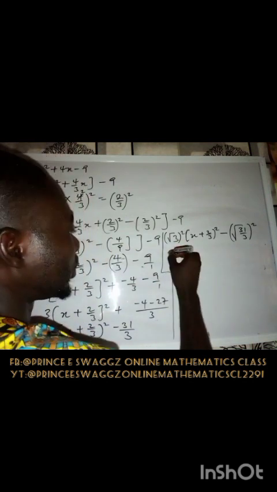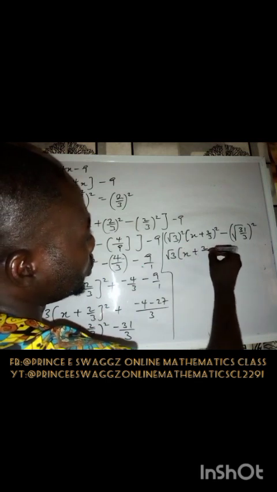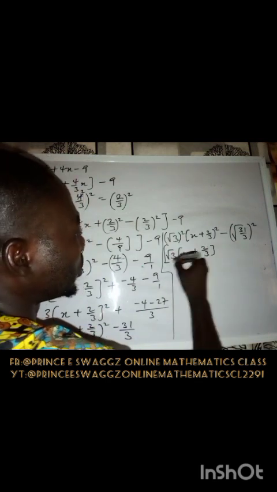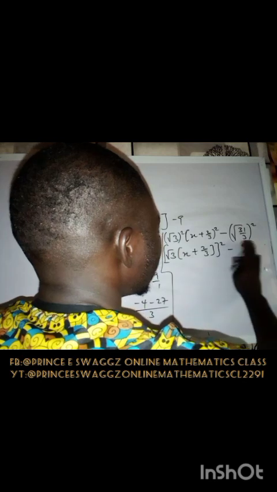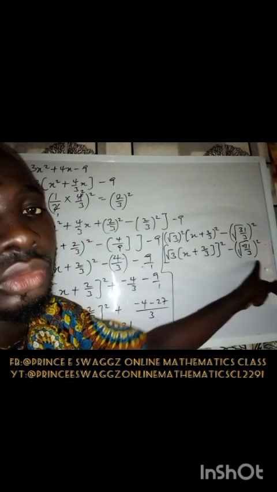This can be combined: root 3 times x plus 2 over 3, all squared, minus square root of 31 over 3 all squared. Now it is a difference of two squares.